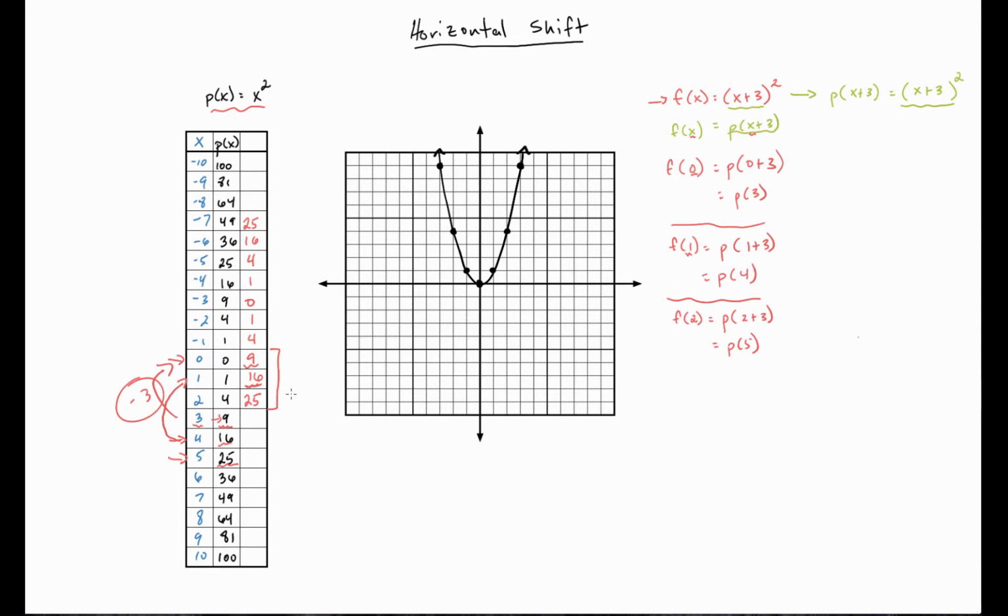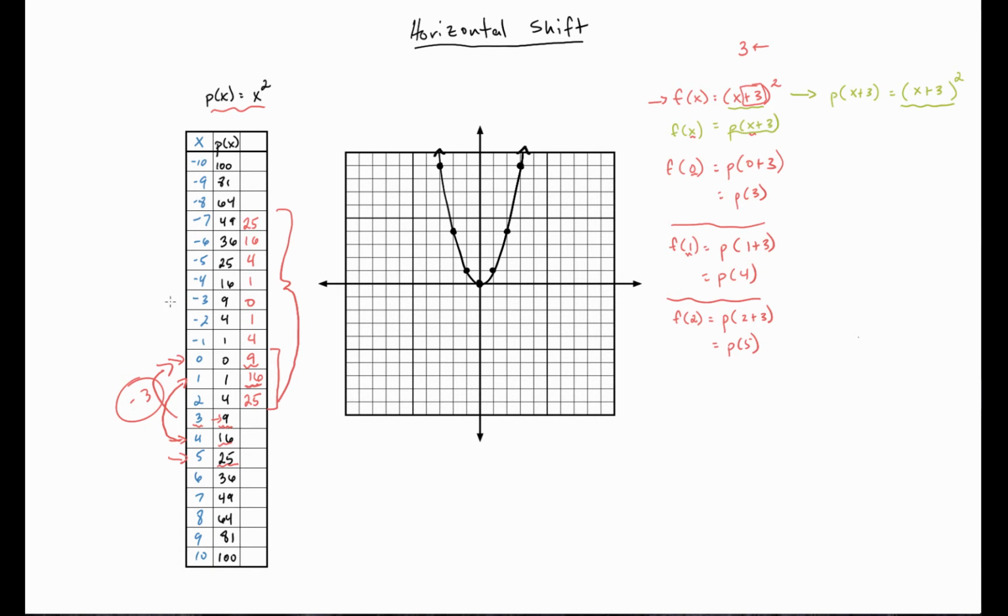All right, so what can we really gather from this? Well, it turns out that this plus 3 here is actually shifting us 3 units to the left. And I'll show you an easier way of calculating that, but let's just graph this series of values that I calculated here, and we can see that pretty clearly.